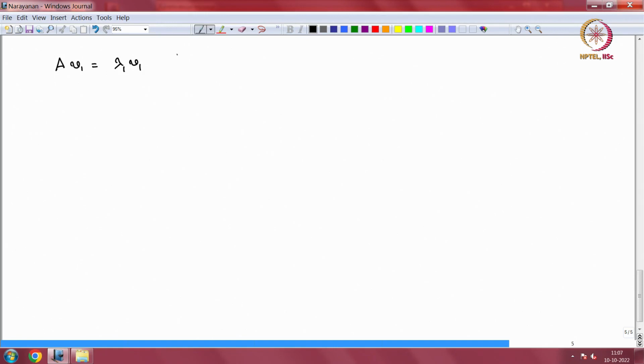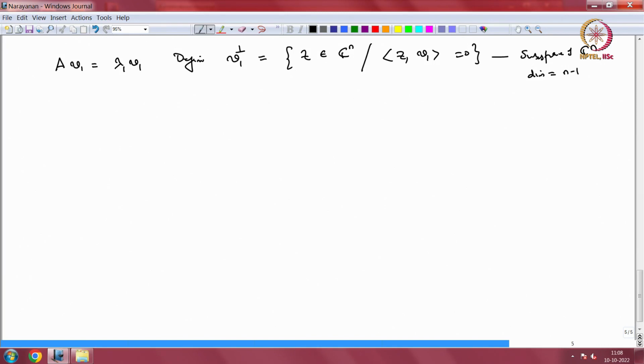So, define V1 perp. So, what is V1 perp? Remember, we have an inner product and so on. So, you look at all those vectors which are orthogonal to V1, right. So, this is going to be all those vectors in Cn whose inner product with V1 is equal to 0. Okay. Now, this is a subspace of Cn of dimension equal to n minus 1, right, because you are looking at V1 and its orthogonal complement.